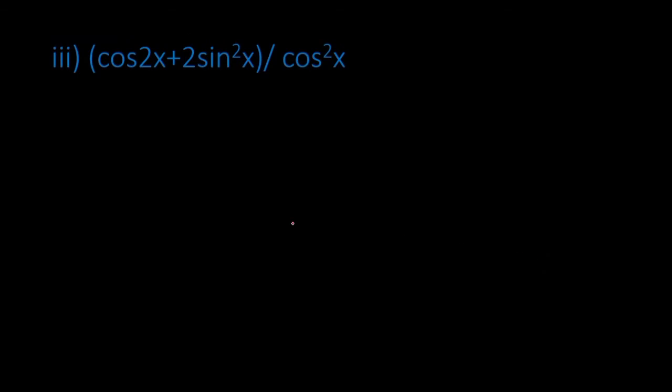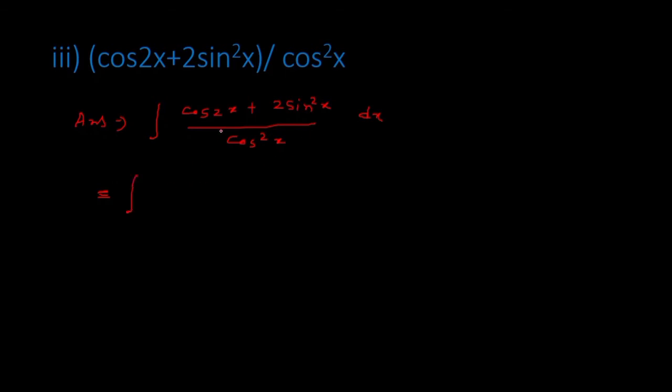Next one. So here also we have to find the integration of cos 2x plus 2 sin square x by cos square x dx. Before finding the integration we need to simplify it again.